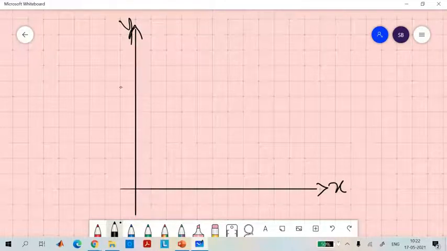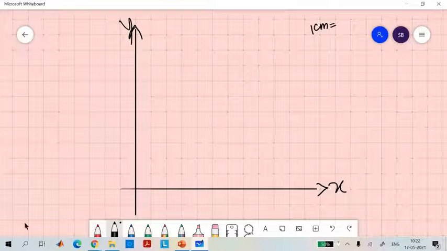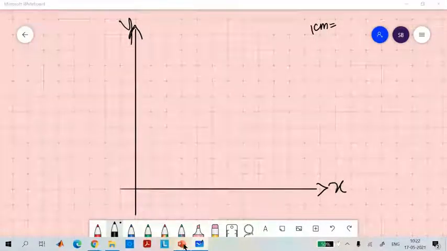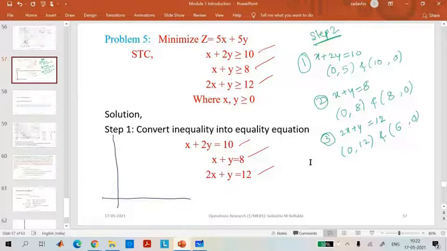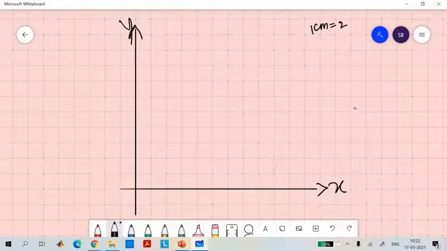We need to check the scale. What should be the scale here? To check, what is the maximum number? 5, 10, 8, 8, 12, 6. So 12 is the highest number. So we can take 1 centimeter equal to 2 units.